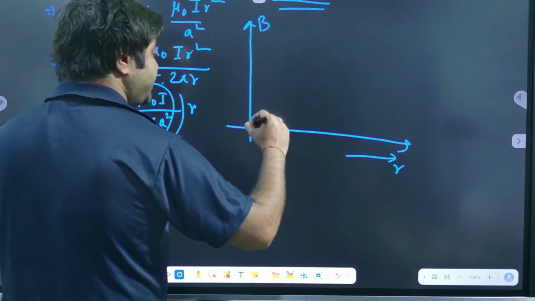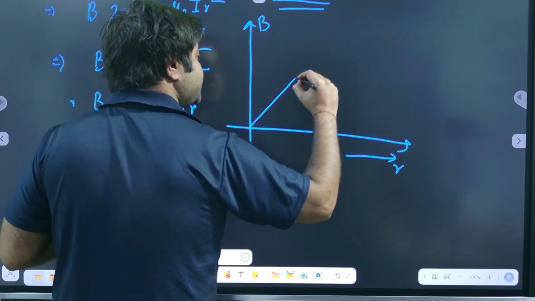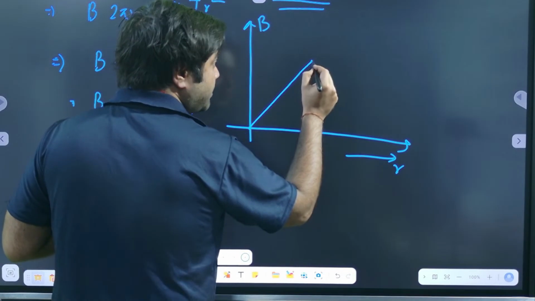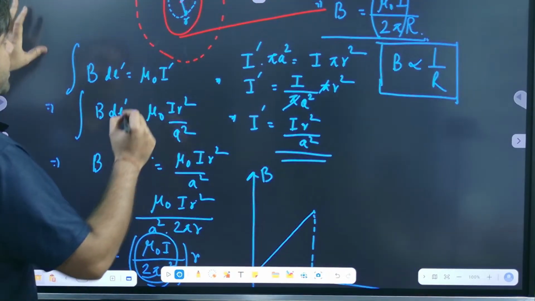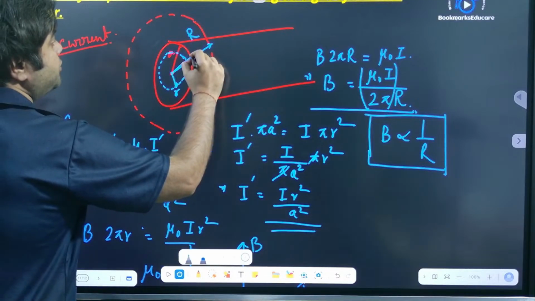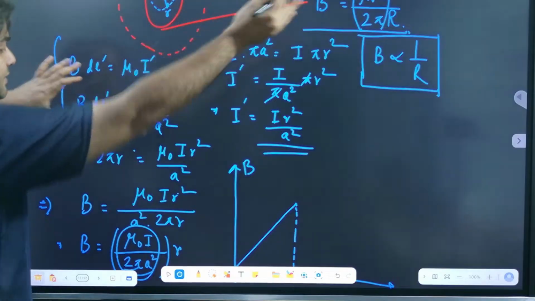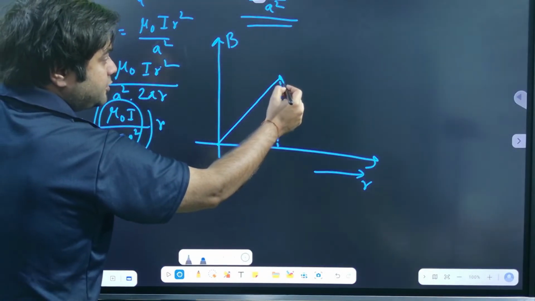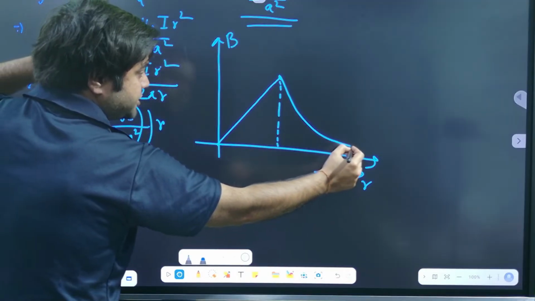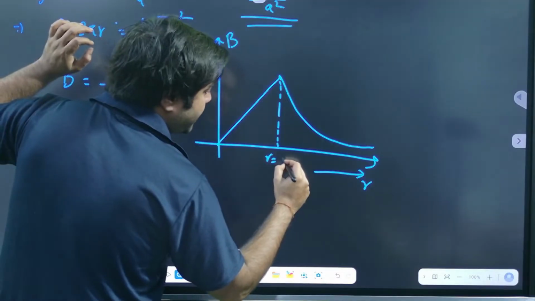From the central part the magnetic field is linearly increasing up to the surface level, and after that, when going outside, it will start to decline exponentially, where r is equal to a.